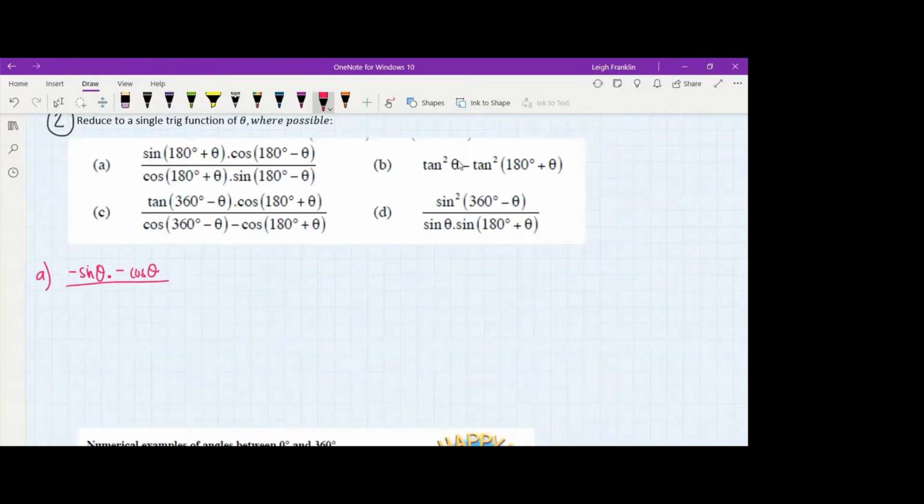Cos 180 plus theta reduces to negative cos theta, because that is quadrant 3, times sine 180 minus theta, which reduces to positive sine theta, because that is quadrant number 2. And again, in maths, anything divided by itself is 1. So sine theta divided by sine theta is 1, and similarly, cos theta divided by cos theta is also 1. What we need to be super careful of here, grade 11s, are the negatives, because we've got a negative times a negative divided by a negative.